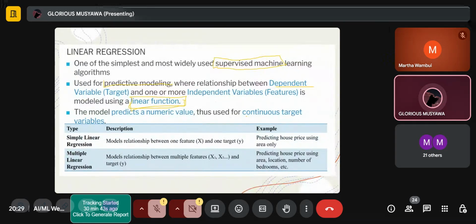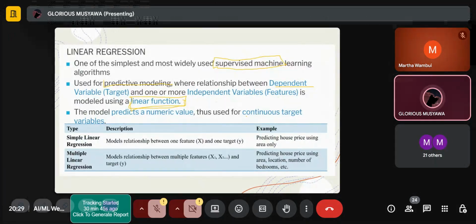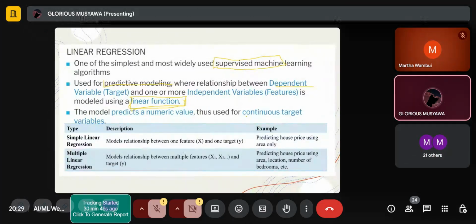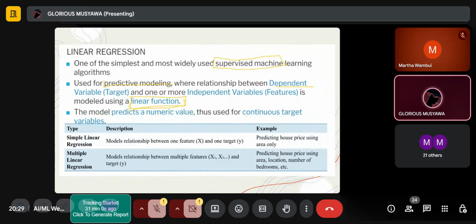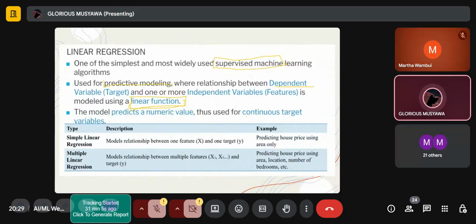Before I go to the simple linear regression or the multiple linear regression, it's important to realize some applications of a regression or linear regression model in real life. One would be predicting stock values, for those people who do forex trading. You can use such a model to predict what the market will look like based on yesterday's data and last week's data and so on.